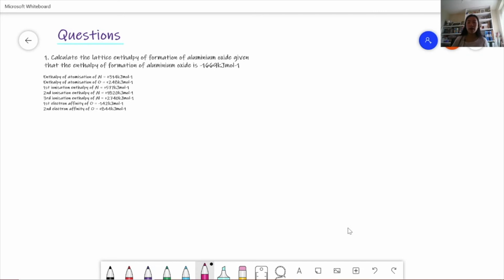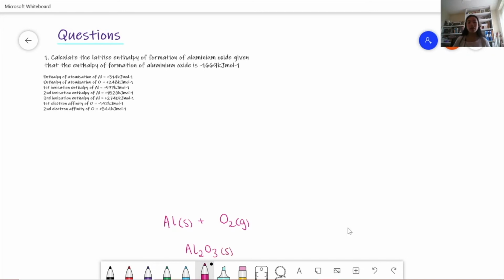We're trying to form aluminium oxide from its constituent elements, so aluminium and oxygen. I have aluminium, which is a solid in its standard state, and I'm going to add some oxygen, which is a gas in its standard state, and that's going to form Al2O3, the solid.